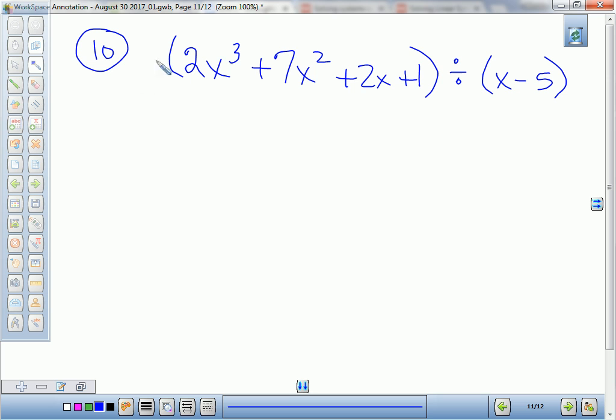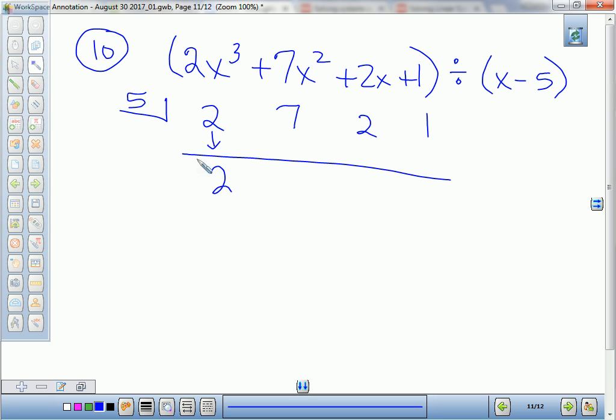So what goes on the table? 5. And then we pick off our coefficients and our constant. And then we bring it down. And then we multiply. Right-row. These numbers are going to get big. Then we multiply.